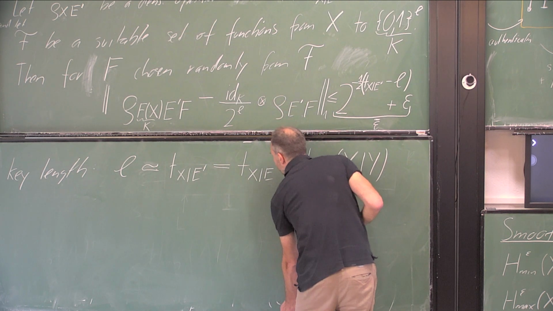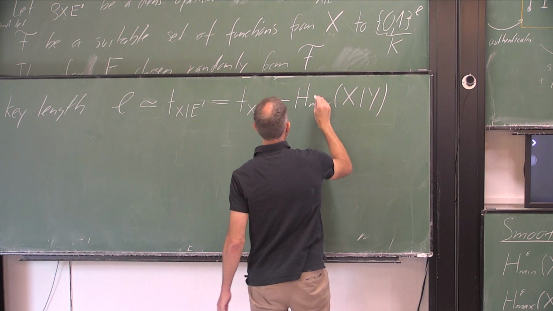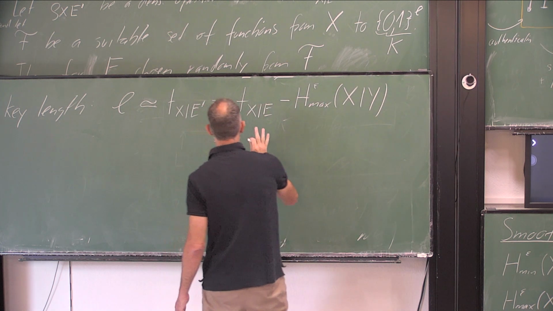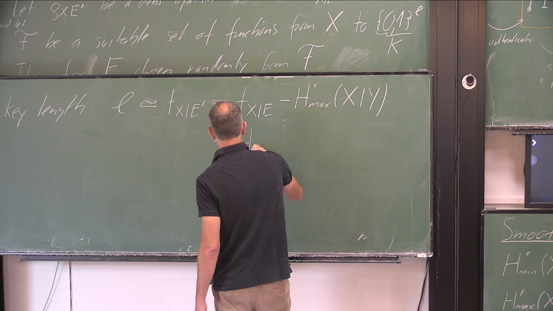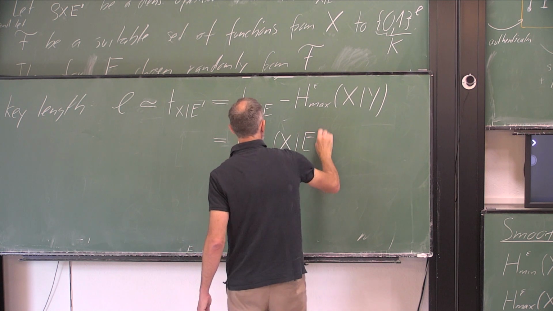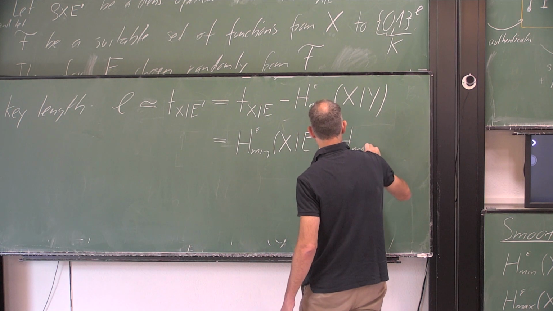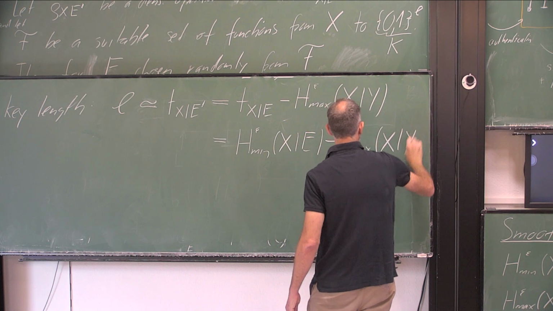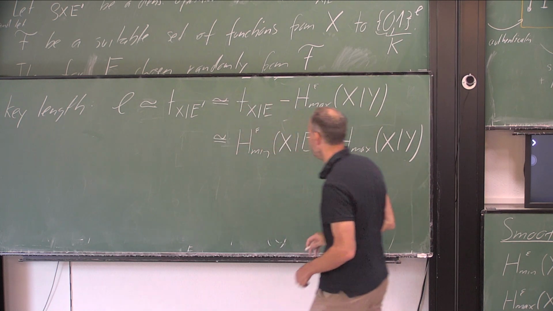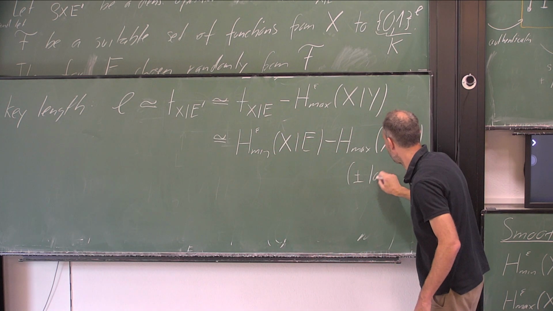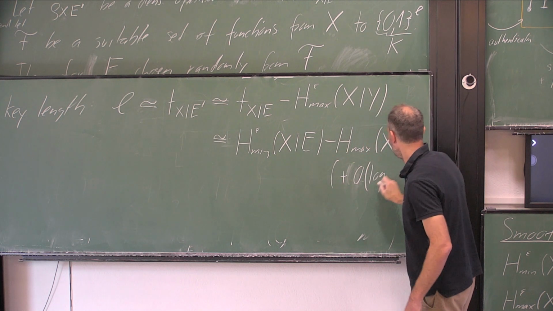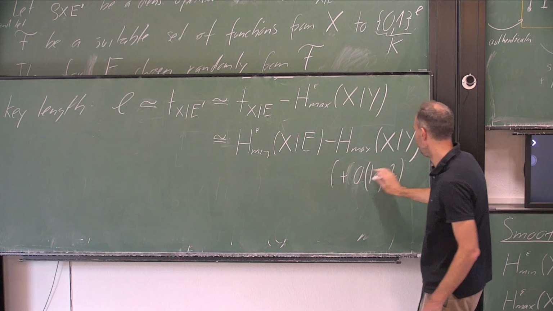But the T was a bound on the mean entropy, so I can just choose the optimal bound. Then it's an equality. The mean entropy T^ε(X|E) minus H_max(X|Y). And as I said, this is always up to this log. When you write it here, plus minus log, so it's up to an additive term log 1 over epsilon. So this means it's of the order of that.